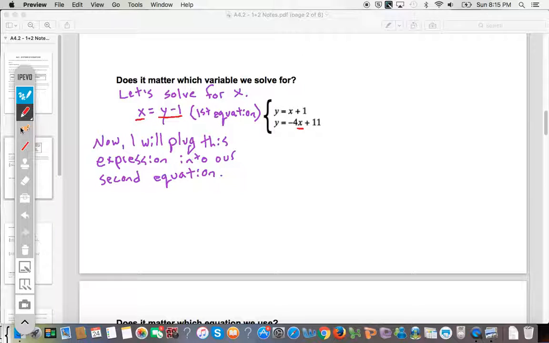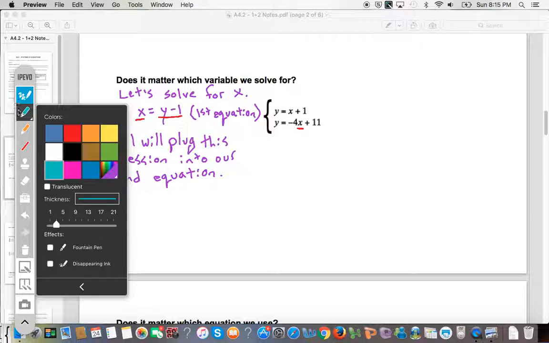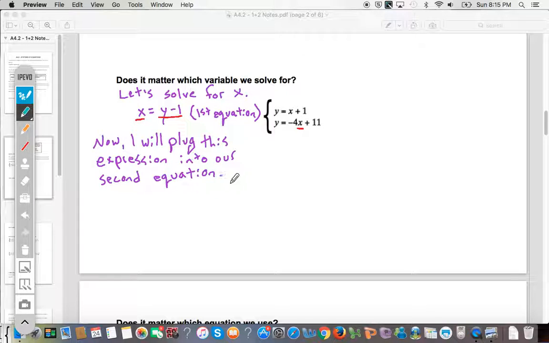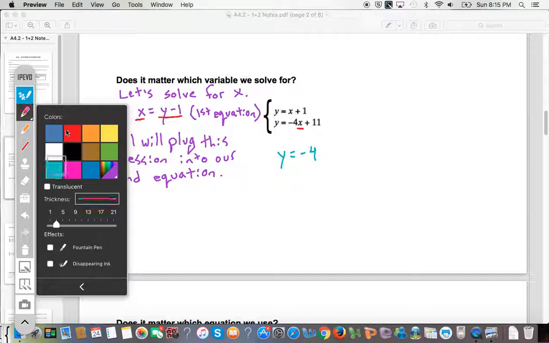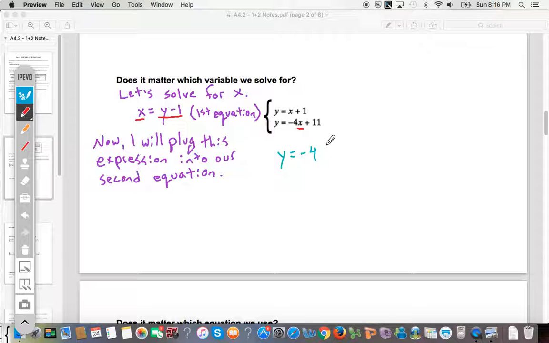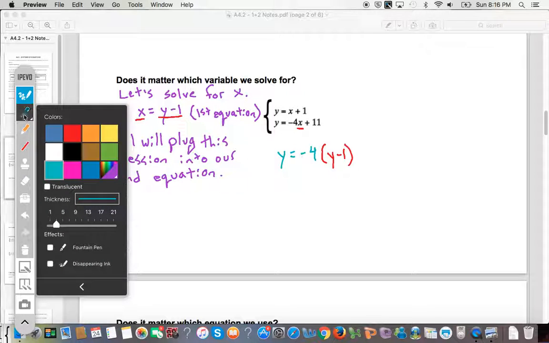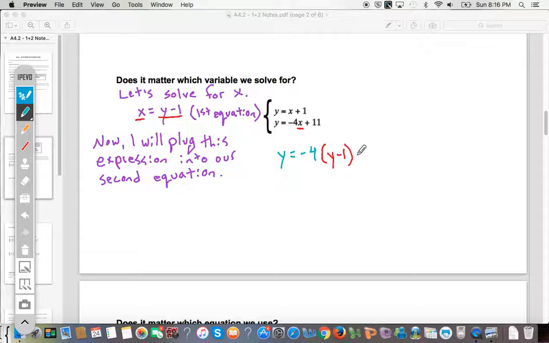So let's take a look at that. I have y equals negative 4. I've been using red, so I'll keep using it. y minus 1, plus 11. So I have the second equation.